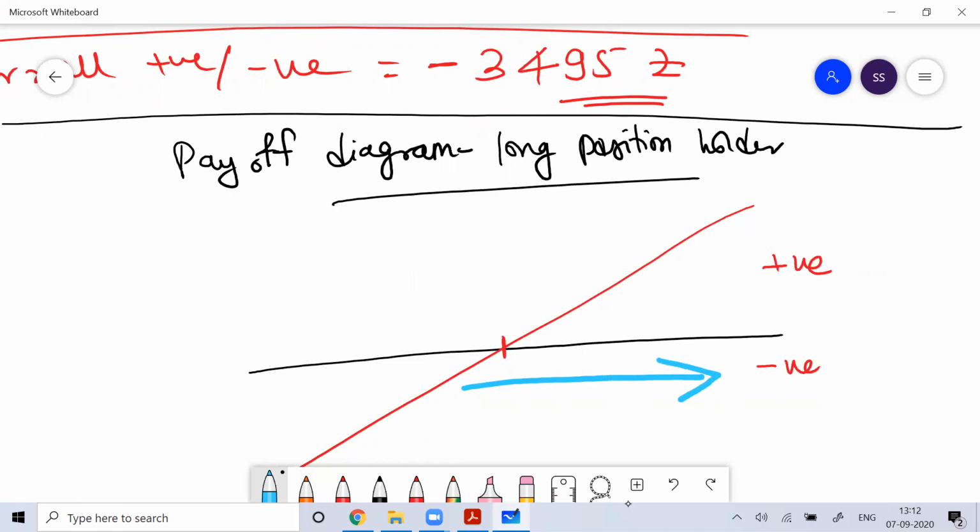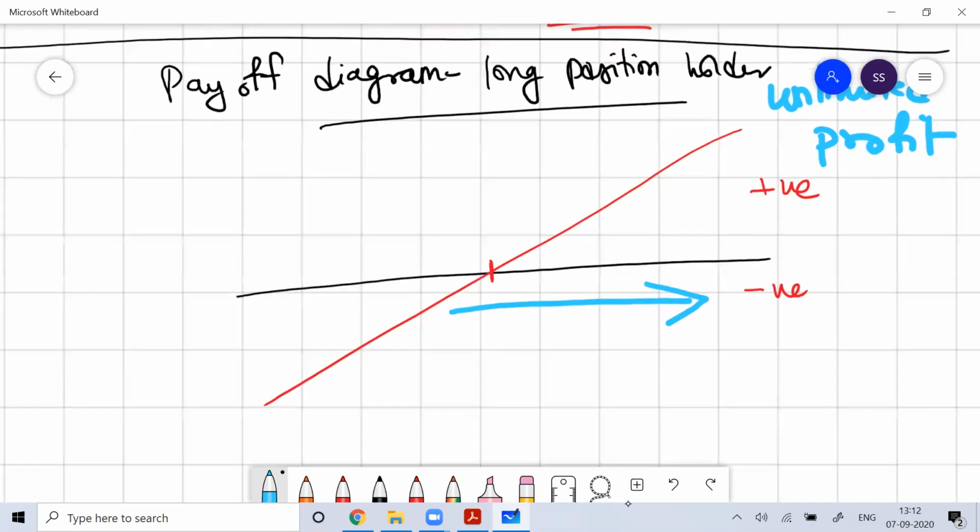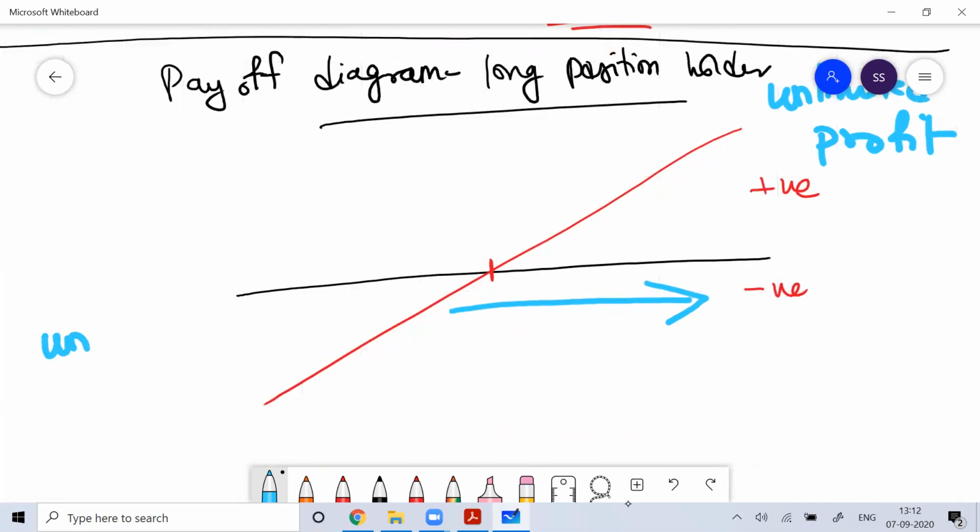So this is the payoff diagram of a long position holder, where there's a possibility of unlimited profit or unlimited loss.